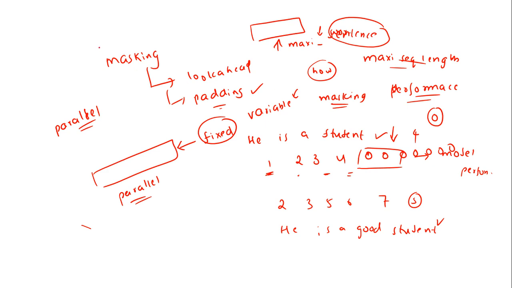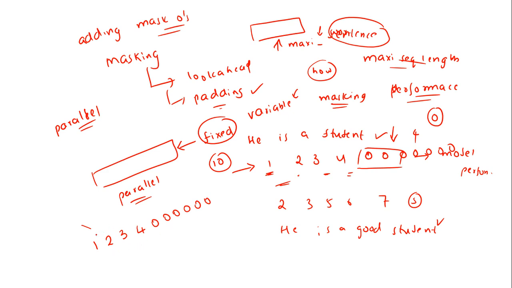So instead of adding zeros, we mask zeros. What is masking zero? Suppose our maximum sequence length is 10. Our sentence will be encoded as 1, 2, 3, 4 followed by 6 zeros, right?